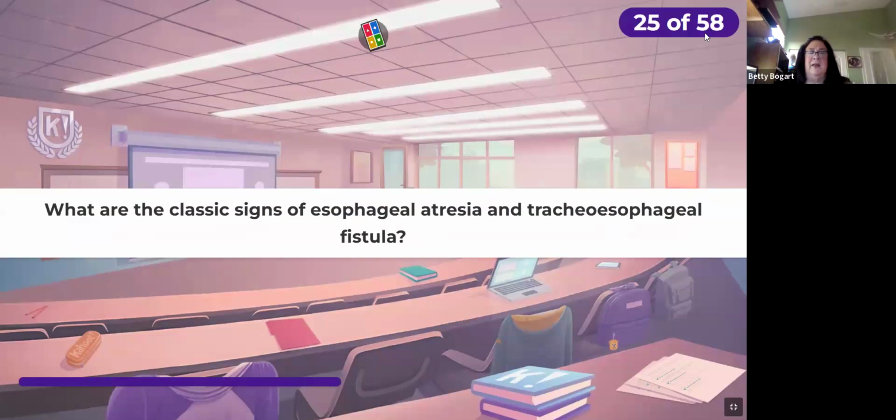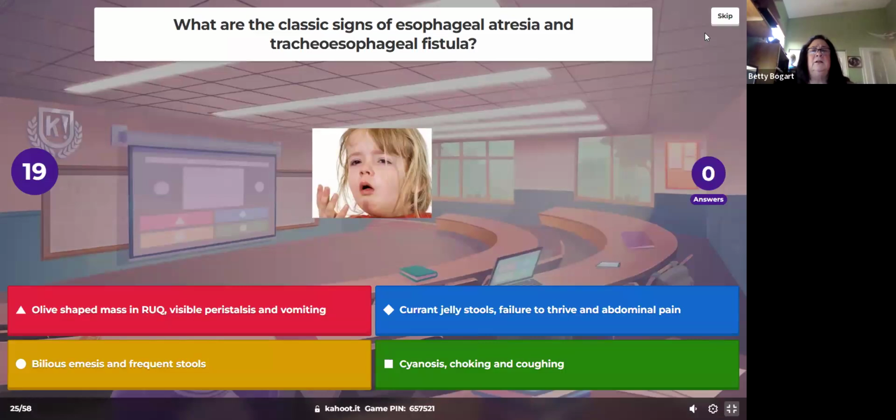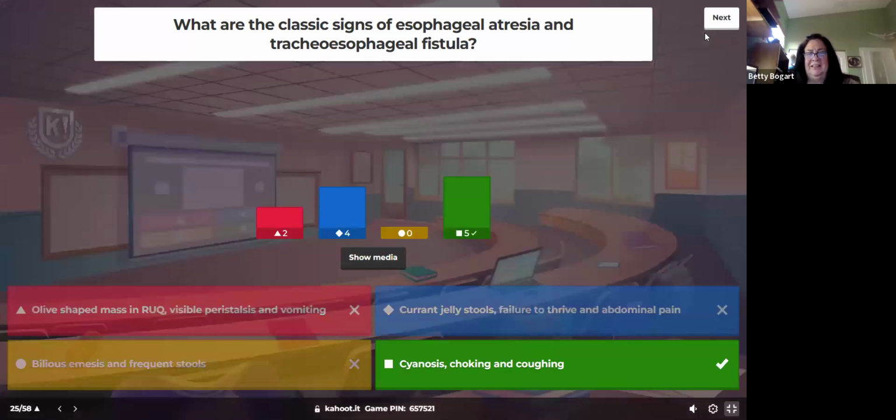What are the classic signs of esophageal atresia and tracheoesophageal fistula? Kid is born, and we have no clue that this child has anything wrong with it. What would that infant look like? And right here, you have the diagnosis to all the big ones. So which one do you choose, right?